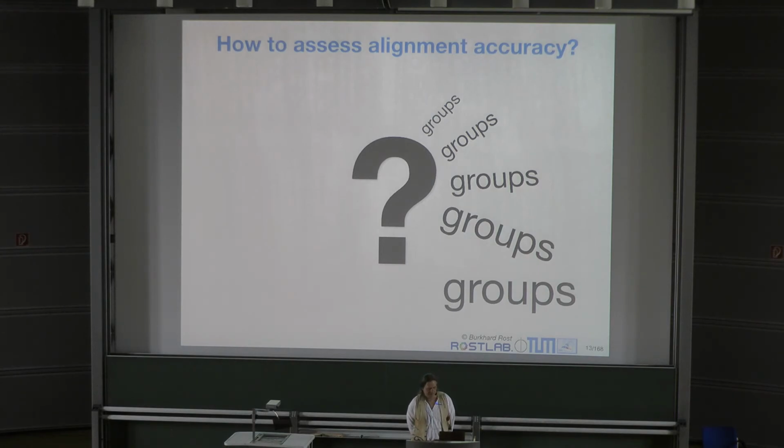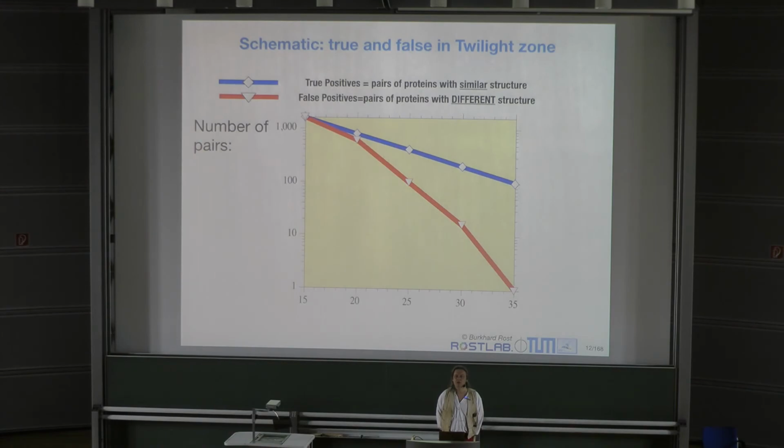So again, the question is, those curves are fake, or are imagined, or hypothetical. How could we make them real? What we want to see is when the identity in the letter between two proteins drops, from right to left it drops, how many false positives, how many true positives do I find?